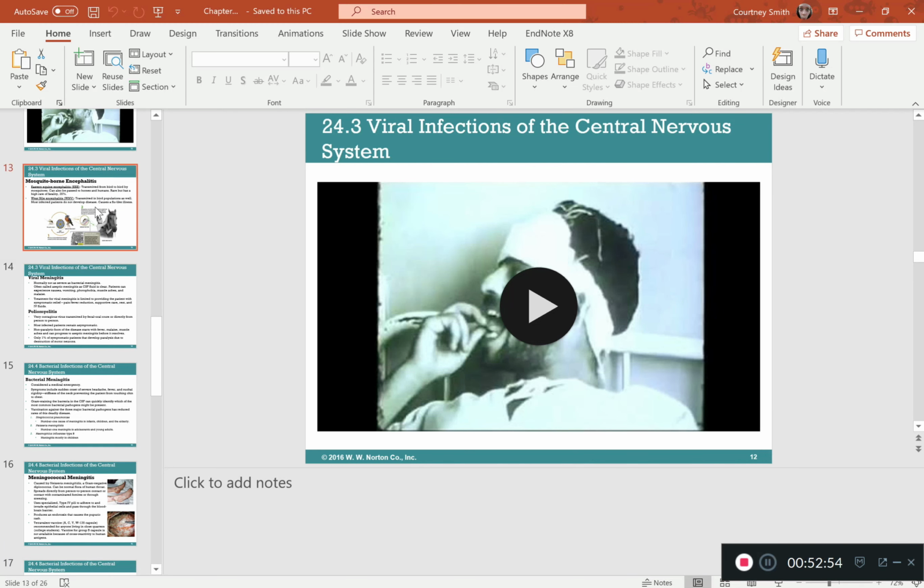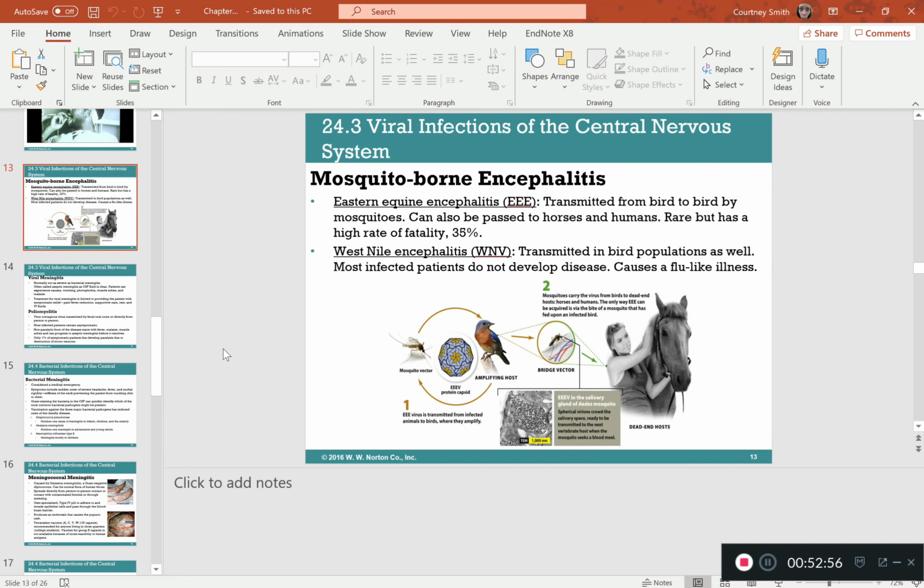Okay, so with the mosquito-borne encephalitis, I really just want you to know how it's transmitted. I'm not really too concerned about these two, but with both of them, they are transmitted via bird population. But with the Eastern Equine, this one involves mosquitoes and horses. They are very rare.